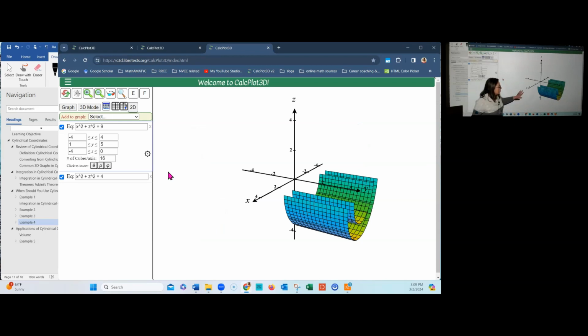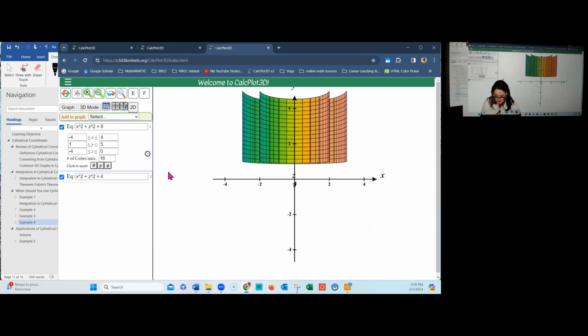When we look at the two half cylinders out here on CalcPlot 3D, we want to use the image with y pointing directly up in order to determine what the lower surface and upper surface is. In this case, we can go ahead and take z out of it and rotate.